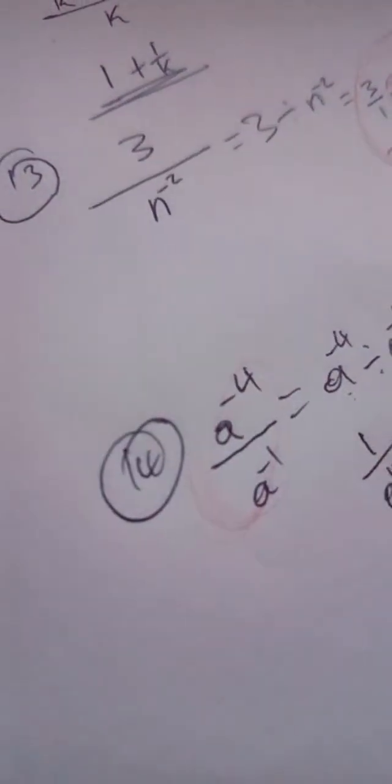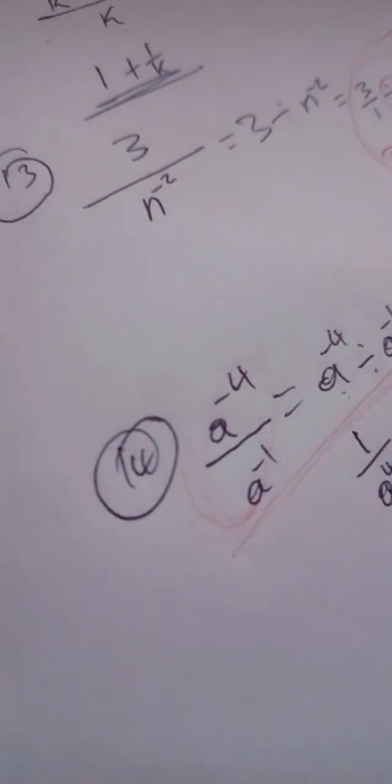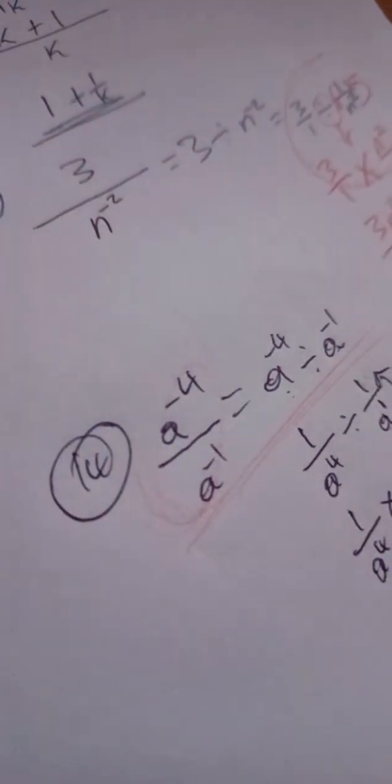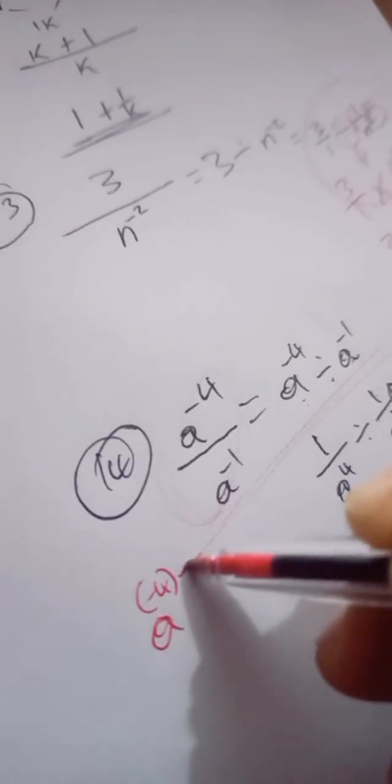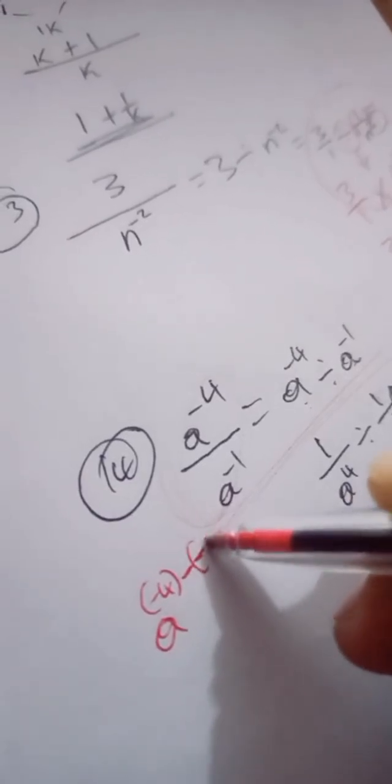When I was writing, I just thought of something. Here, we can just come straight. This is division, right? We are dividing here. So remember exponents: when you are dividing exponents, you subtract exponents. So let's subtract a to the power, put this in brackets, minus negative 1.